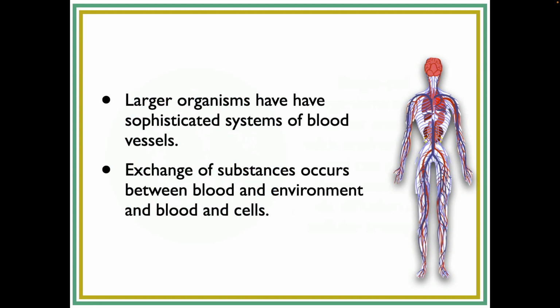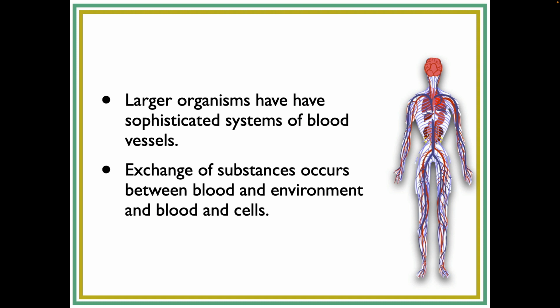But when we talk about larger organisms, there has to be some way to move these substances around. And so larger organisms have developed these sophisticated systems of blood vessels. Exchange of substances occurs between blood and environment, and then the blood carries these things to the cells, or cells to blood, blood to environment.